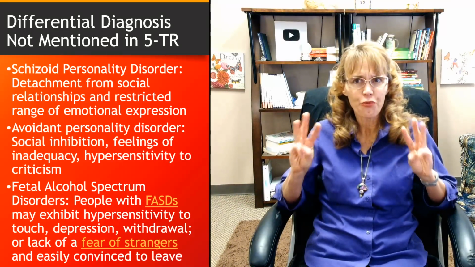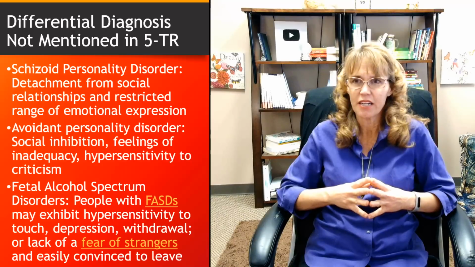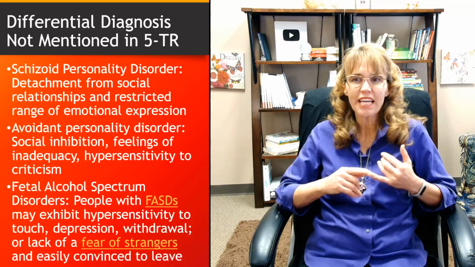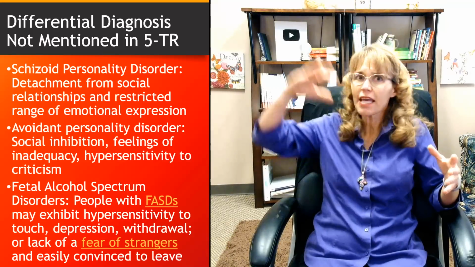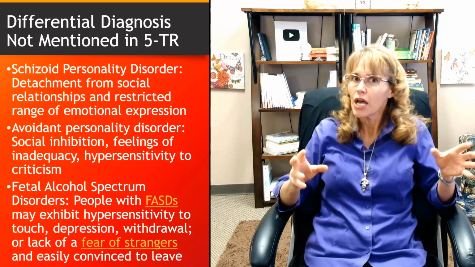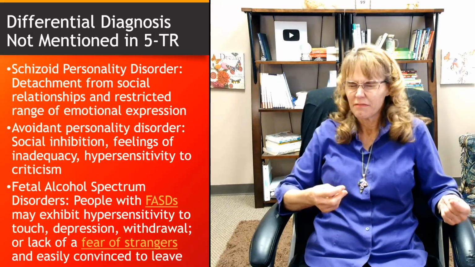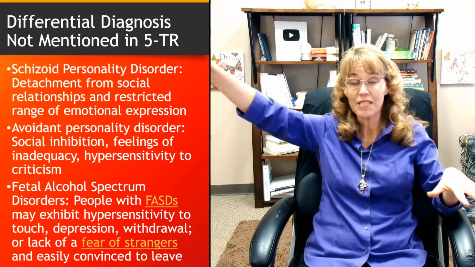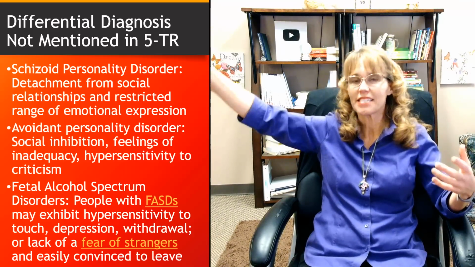Back to the slide. 3 more that I think are important to differentially diagnose that were not specifically mentioned in the TR. Schizoid personality disorder, detachment from social relationships and restricted range of emotional expression. Now remember, personality disorders can't be diagnosed until later in life. However, remember I said people can have reactive attachment disorder, and not get treatment and still be symptomatic for it later in life. They can still be symptomatic for it in late adolescence.